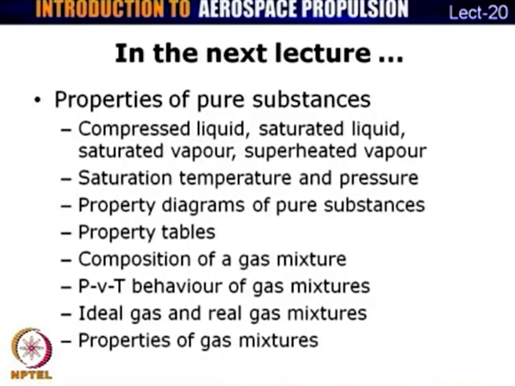We shall be discussing property diagrams of pure substances and property tables. Then composition of gas mixture, PVT behavior, that is pressure, volume, temperature behavior of gas mixtures, ideal gas and real gas mixtures, and properties of gas mixtures. So, these are some of the topics that we shall be taking up for discussion during our next lecture, that will be lecture number 21.